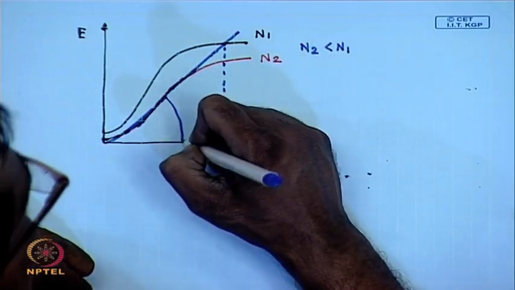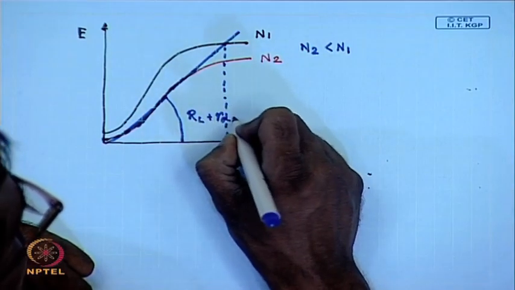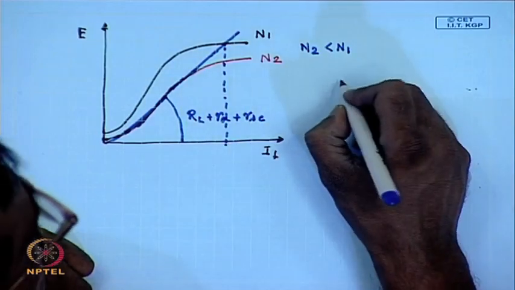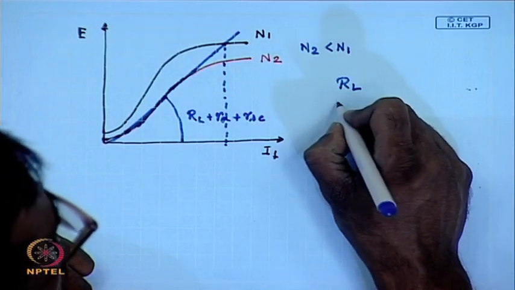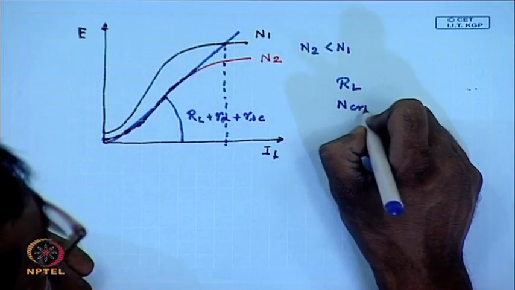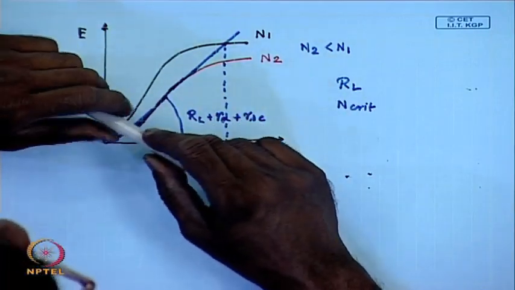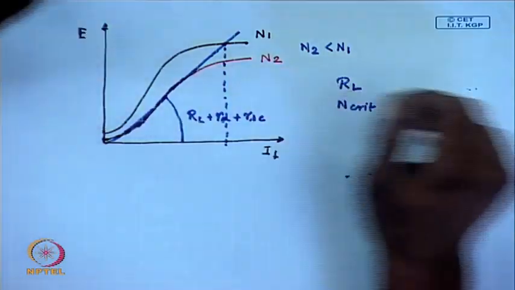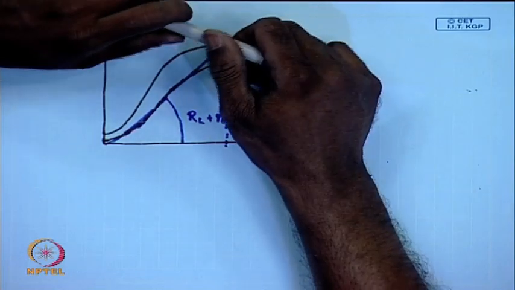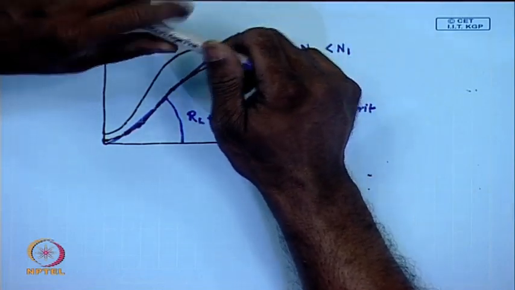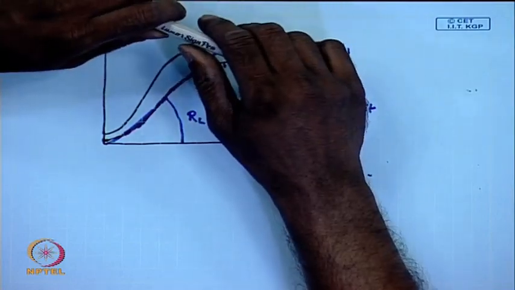Therefore, for any load resistance RL, we can define a critical rotational speed N critical, below which this series generator will fail to build up. These concepts we have discussed in relation to the shunt generator apply in a similar manner to the series generator.